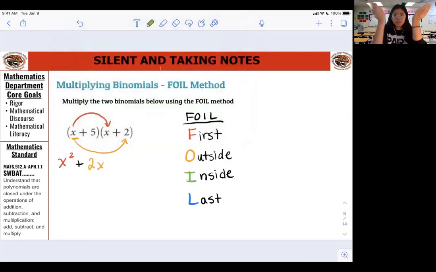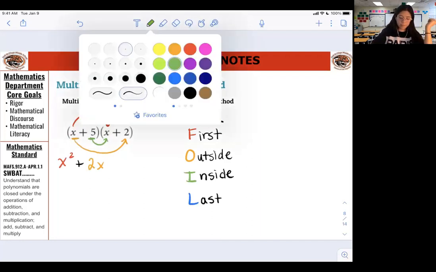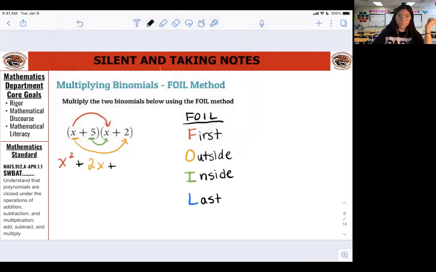That's the outside. Now I do the inside. So what's on the inside? The 5 and the x. 5 times x. What do I get? Good, Daniela's got it, 5x.